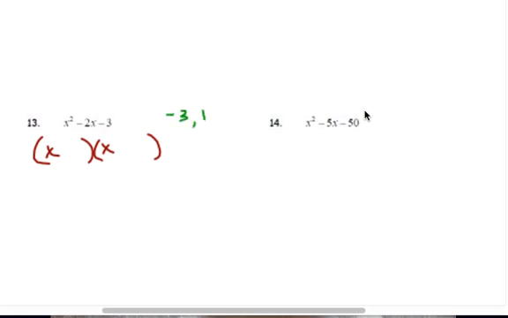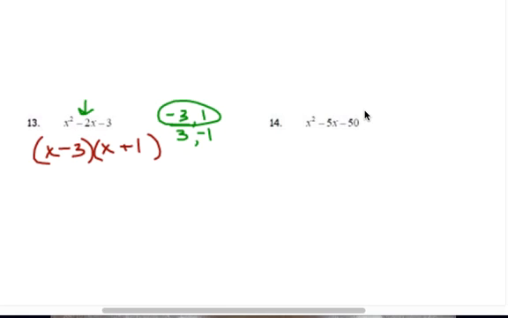Negative 3 and positive 1, or positive 3 and negative 1, right? Well, those are the only options, aren't they? So which pair adds up to negative 2? All right, so we're going to take the negative 3 and we're going to put it in the parentheses and the positive 1, and we're done.